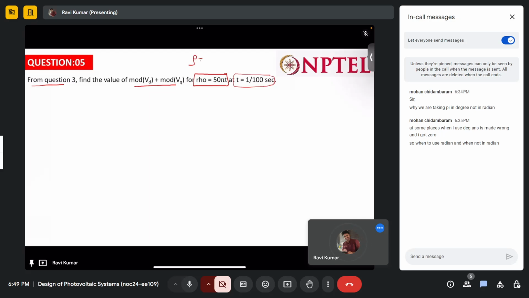Rho was 45, then it will be 90 in this case, because it is twice. In the previous question it was 25, it is 50 here, and these are the options. So rather than solving the entire question, we can just move to the last step and change the value of rho.